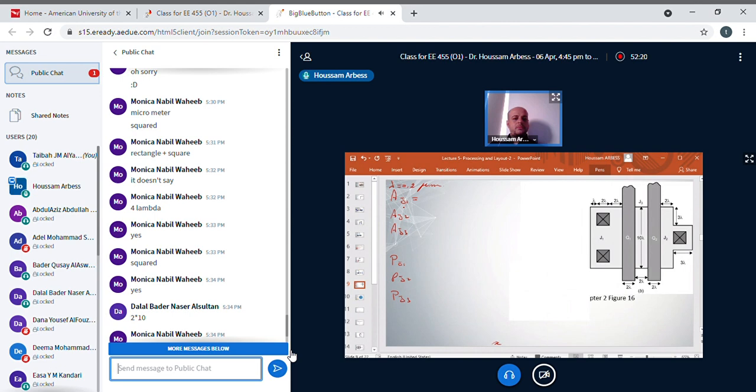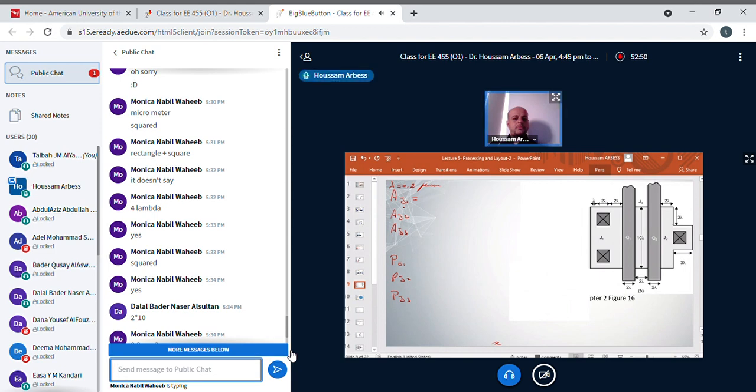Correct? 1, 2, 3, 4, 5, 6, 7 edges. I think they are okay. So we have here 6 and 4 is 10. 10 plus 2, 12. 12 and 2, 14. 14 and 6, 20. So it's the same as this one here. So 20 lambda, which is 4 micrometer.